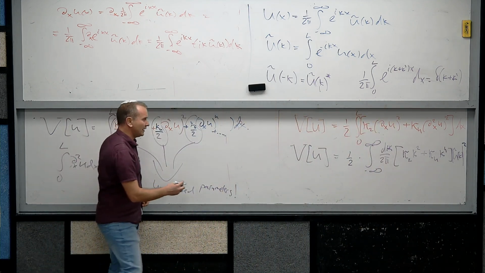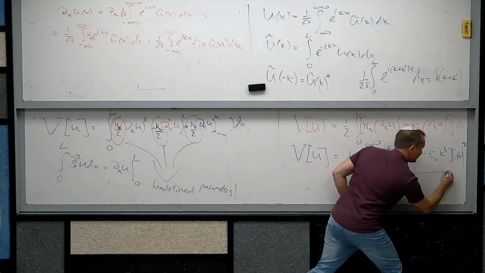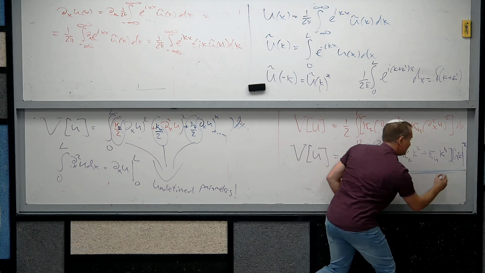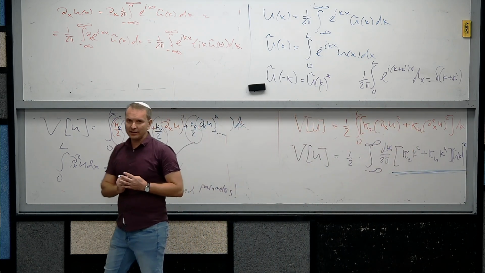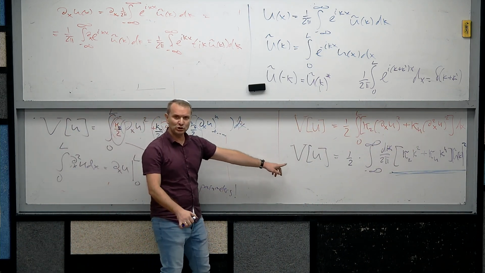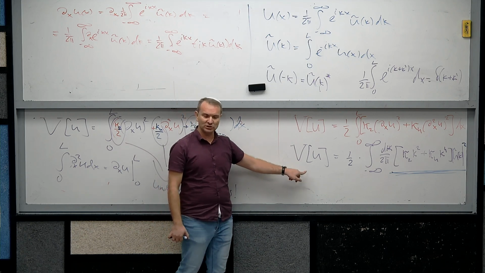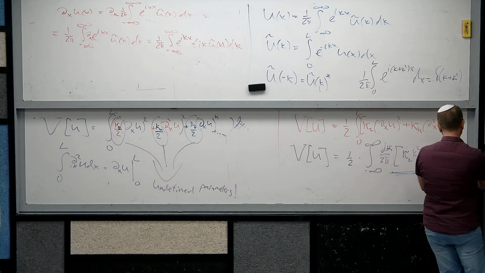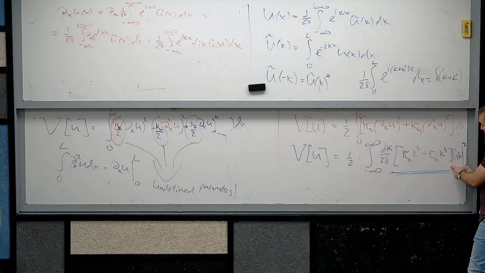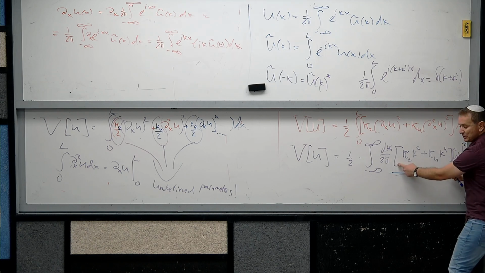Now look at this guy over here. This is a potential energy: you take some specific value u of k, take it to the second power, and you multiply it by some prefactor.